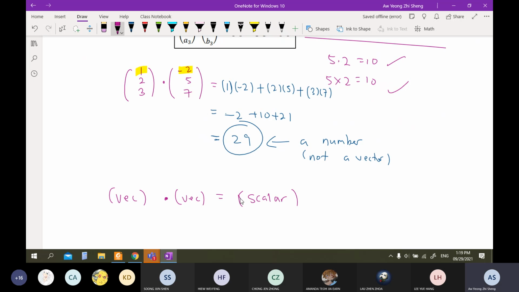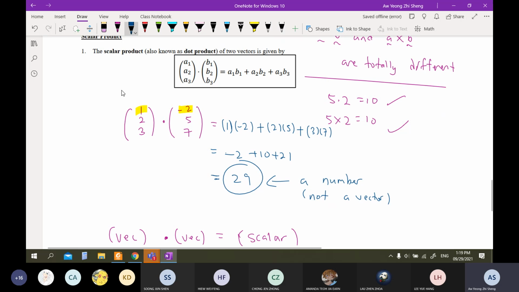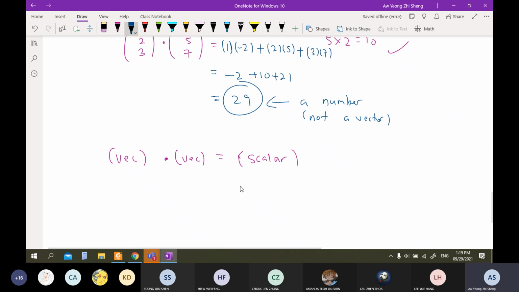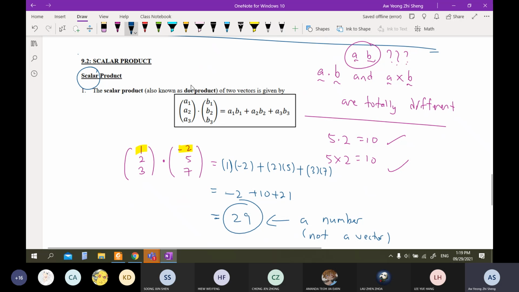Vector dot vector equals a scalar. That's why we call this a scalar product, because it generates for you a scalar. It is more common for us to call it a dot product, because the symbol for scalar product is a dot.